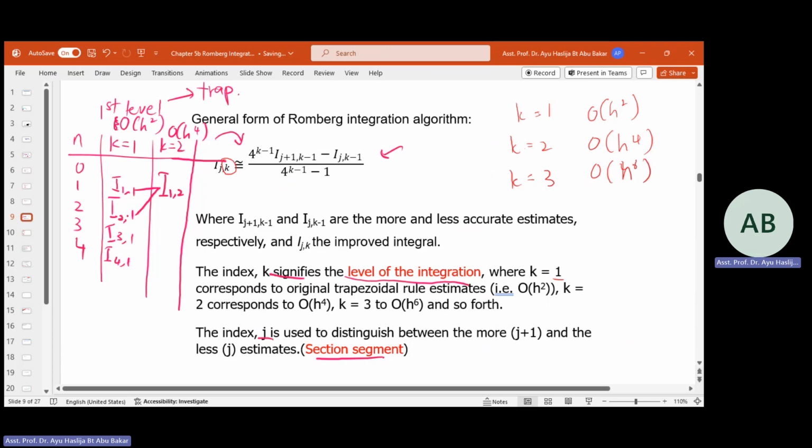Combining 2,1 and 3,1, you will get I 2,2. Then 3,1 and 4,1, combine these two, you will get I 3,2.